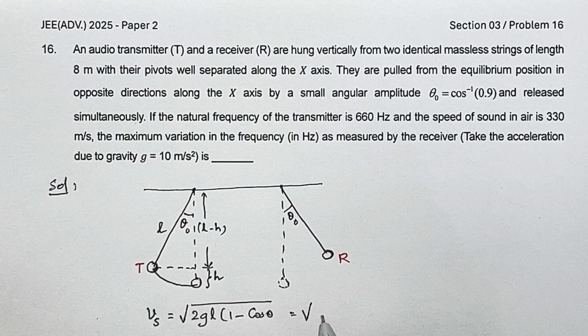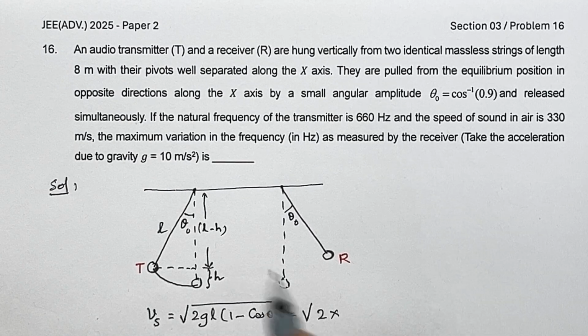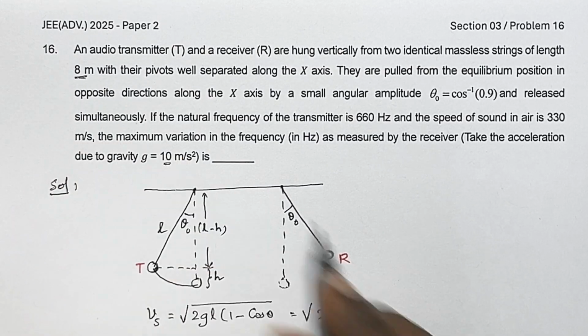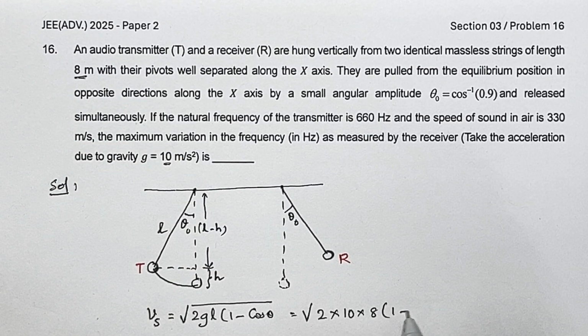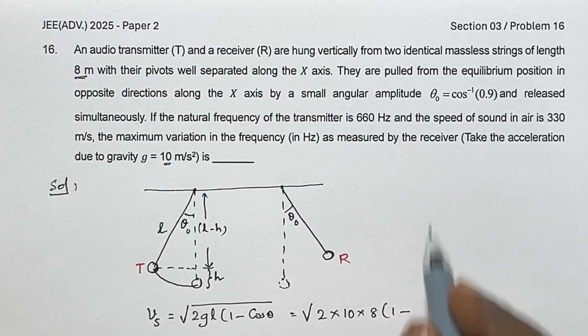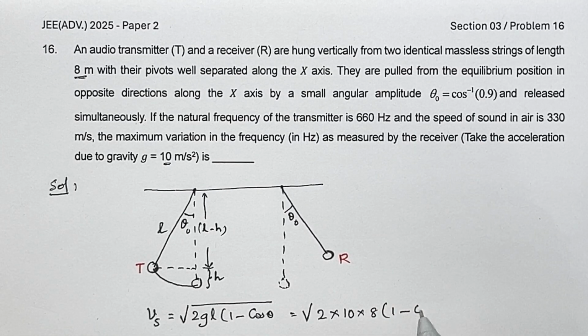Let us substitute values. 2 into g is 10 into length 8 meter into 1 minus cos theta, where theta is cos inverse 0.9.